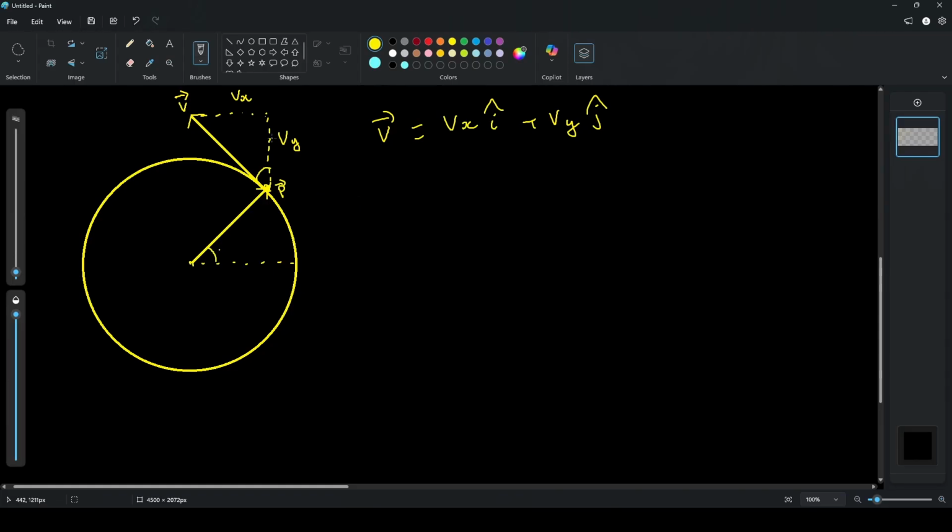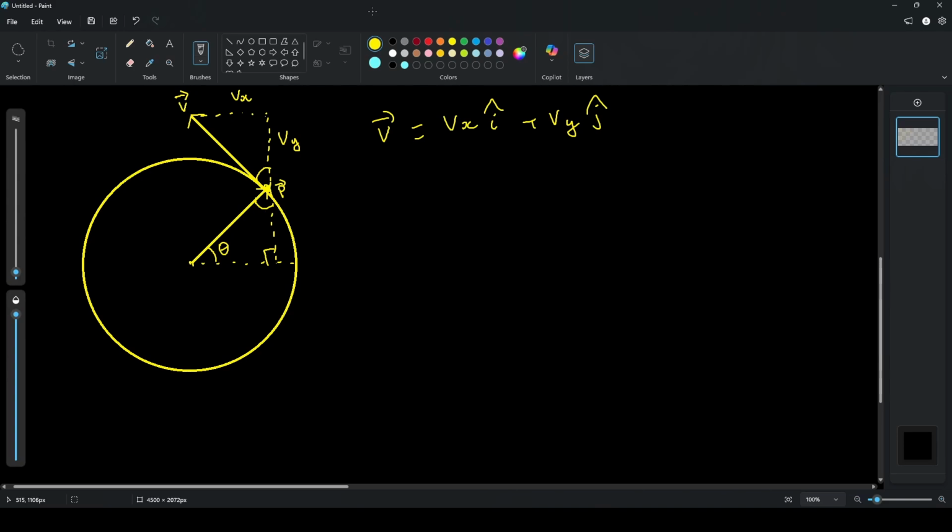We know that this angle is theta, and this line extends down here. And this is a right angle triangle. We know the internal angles of a triangle add up to 180, and since it's a right angle triangle, this angle and this angle here should add up to 90. So if this is theta, this is obviously 90 minus theta.